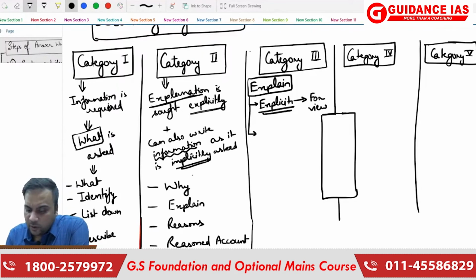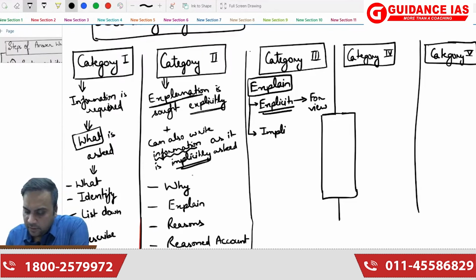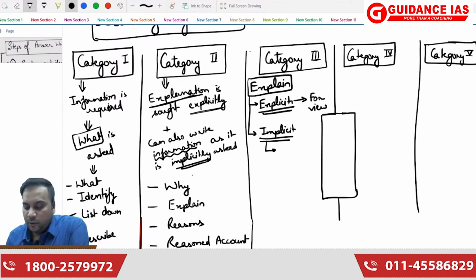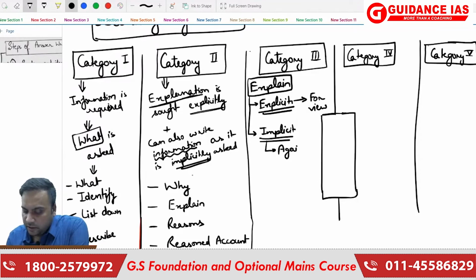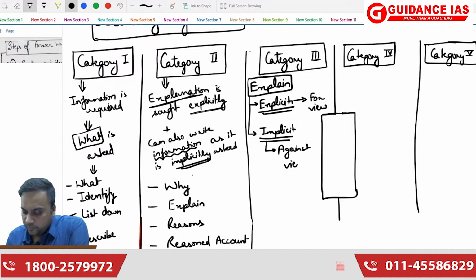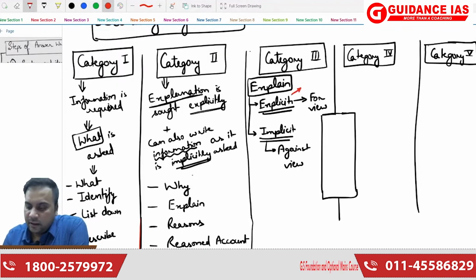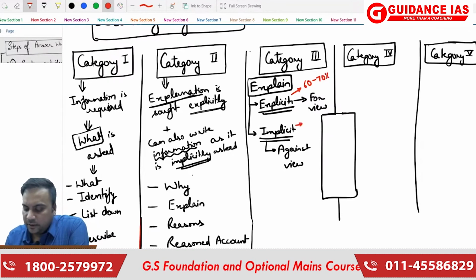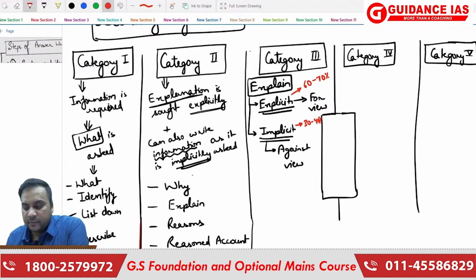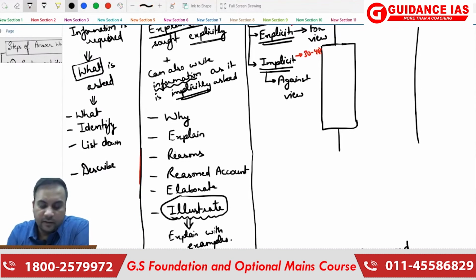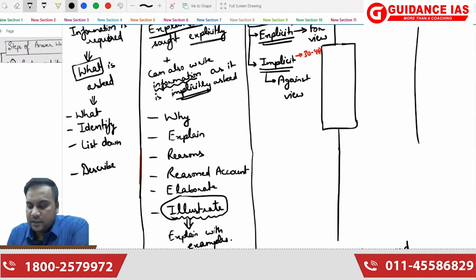But in this there is also an implicit factor where you also have to write a few things on the against view. Clearly, the one which is explicit you can take to 60 to 70% here. In case of implicit you can range between 30 to 40%, which we saw earlier. Okay.